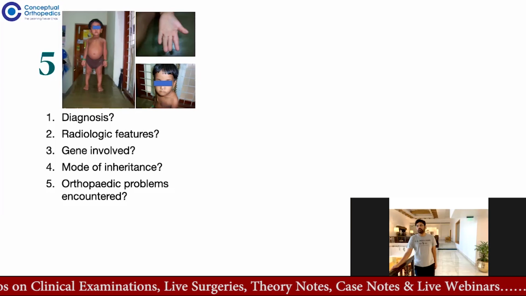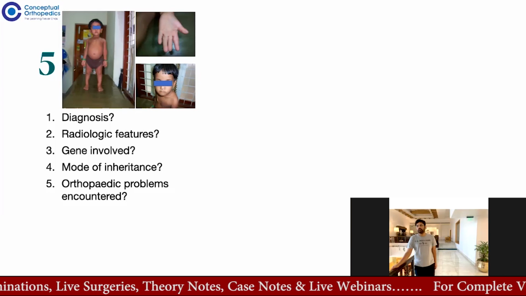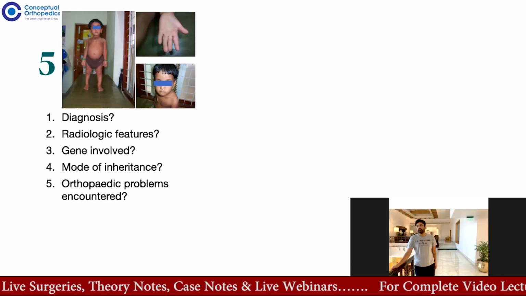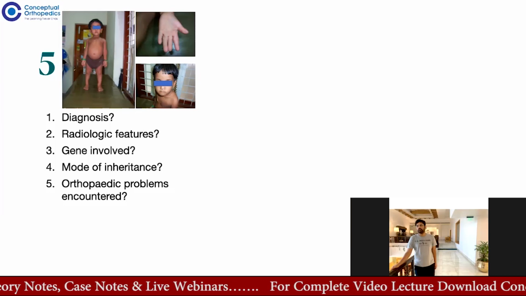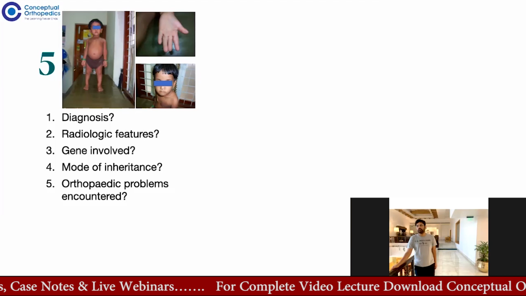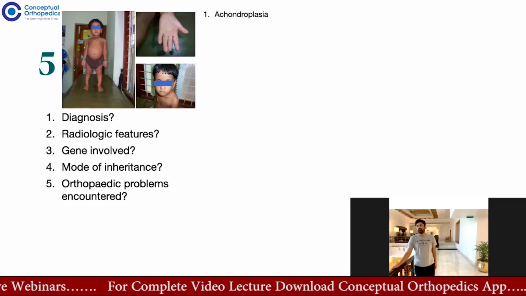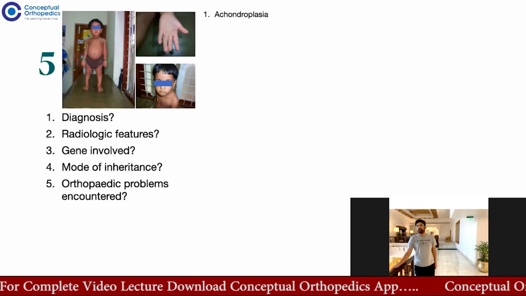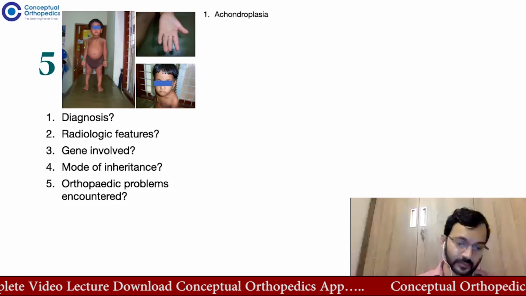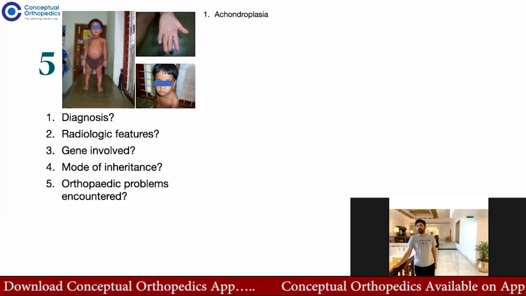Yes, Dr. Anju. There seems to be a dwarfism which is more prominent on the upper part. The upper segment is higher than the lower segment. So this goes in favor of rhizomelic dwarfism, which is achondroplasia, sir. Radiological features will be mostly seen in the spine, in the form of decrease in the height of the pedicle, which results in spinal canal stenosis, and bullet-shaped vertebra.